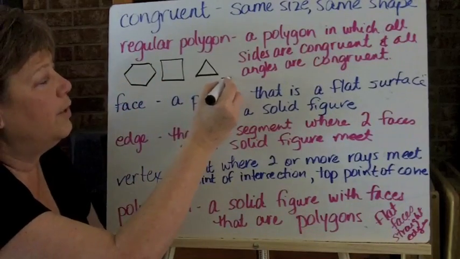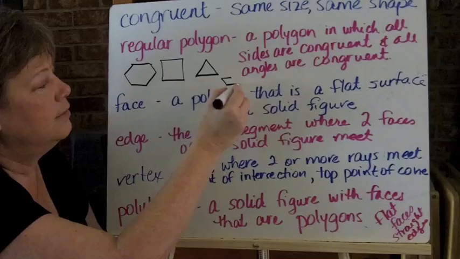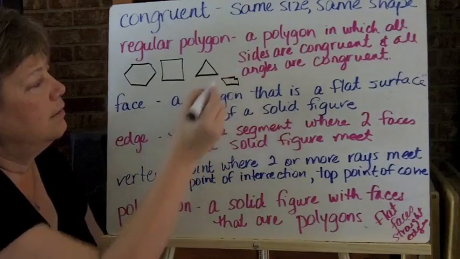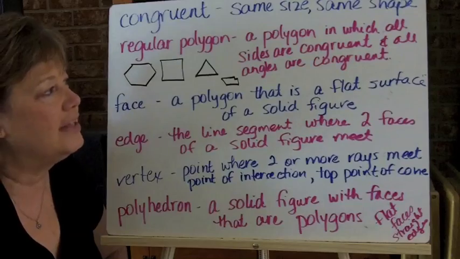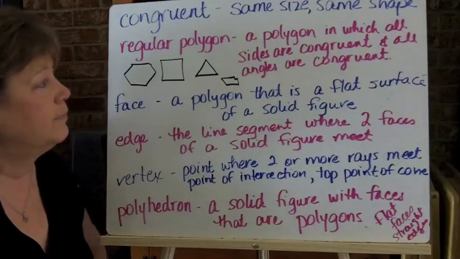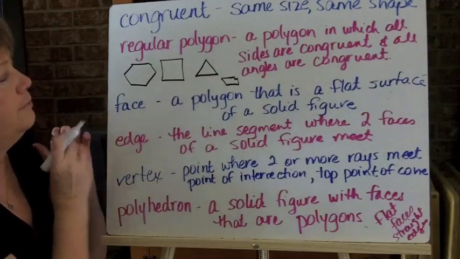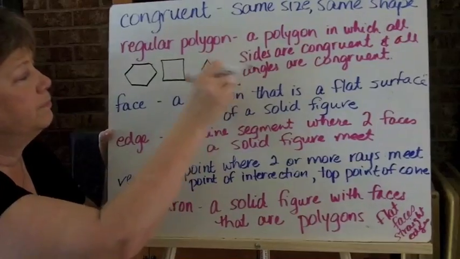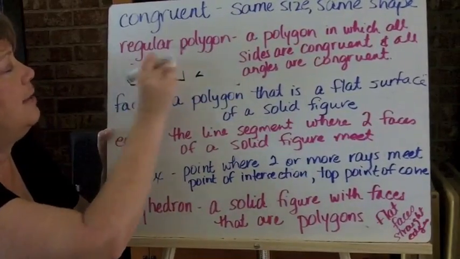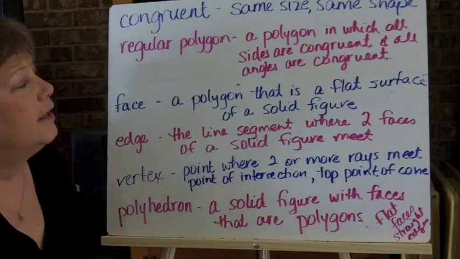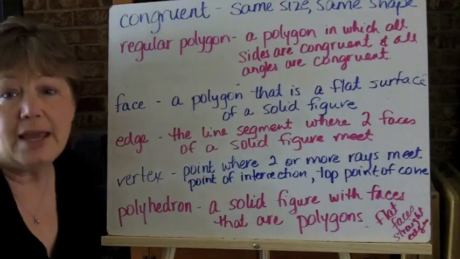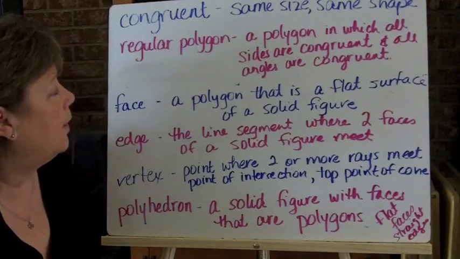This is not a regular polygon because all the sides and angles are not congruent. Okay, you can see they're all different. That last shape, however, that I drew is a polygon. It's a closed shape with straight edges, so it is a polygon.